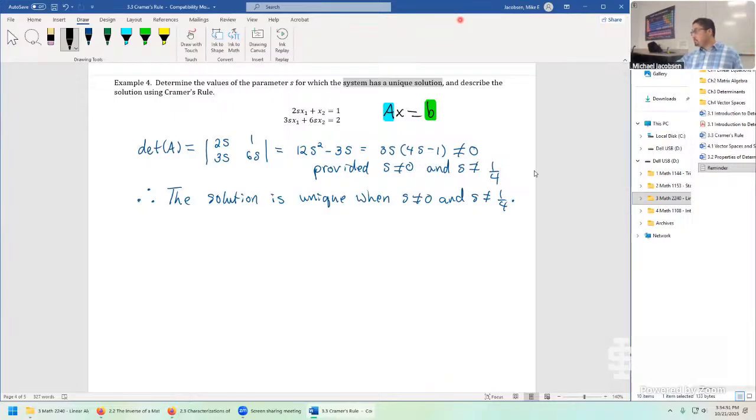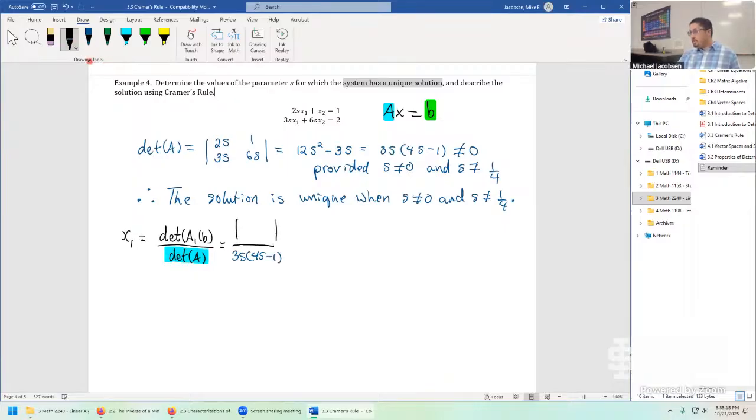Okay, so this is our last run through with Cramer's rule. We have that x1 is determinant A1b divided by determinant of A. We've already calculated determinant of A, so in this portion, we'll put in the 3s times 4s minus 1.